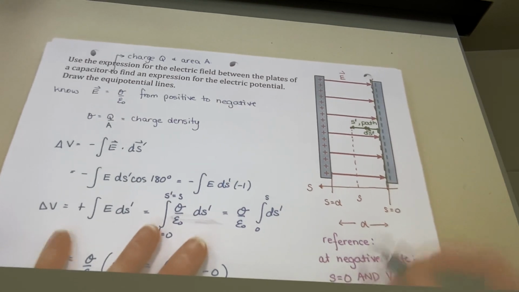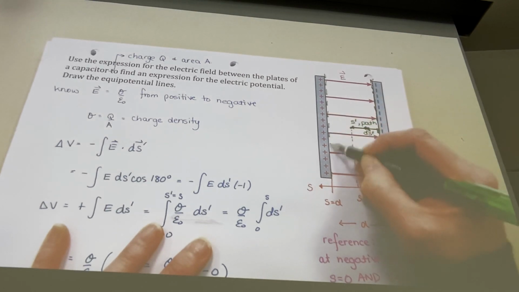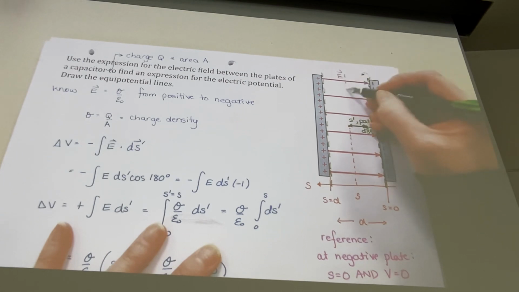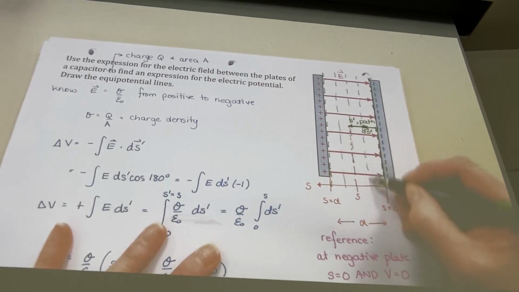So that's my first equipotential line. Another line can be when we're over at the positive plate at s equals d. Another one we could draw right down through the middle. And another one go in the middle of those and in the middle of those.